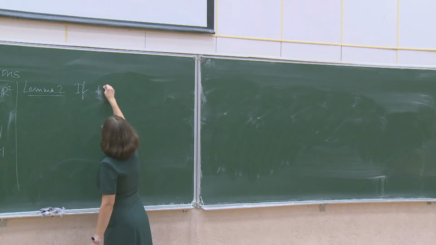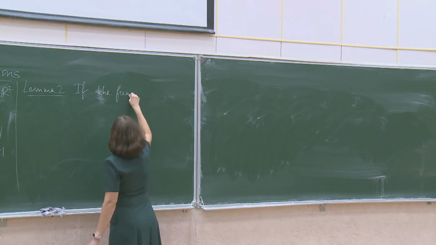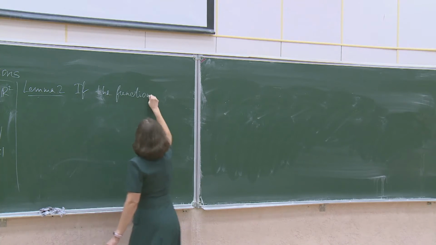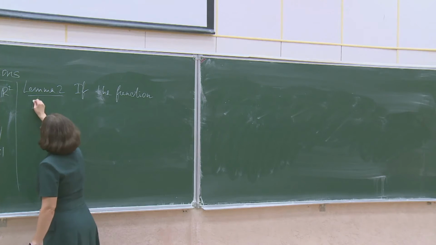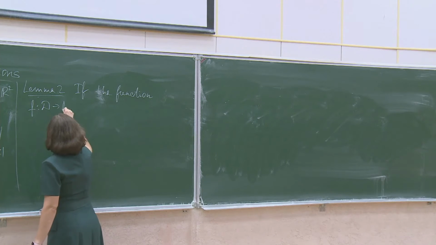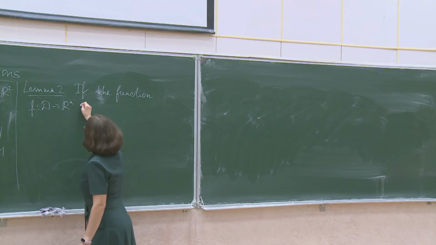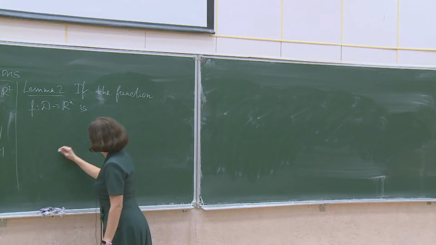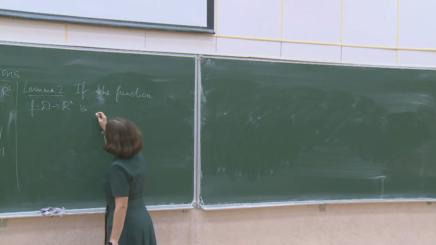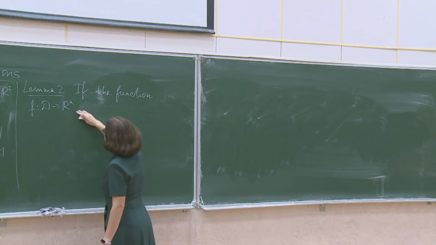So if the function f from D to Rn, okay, has partial derivatives.